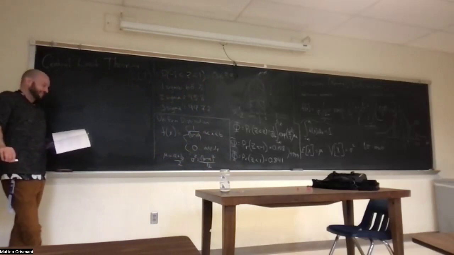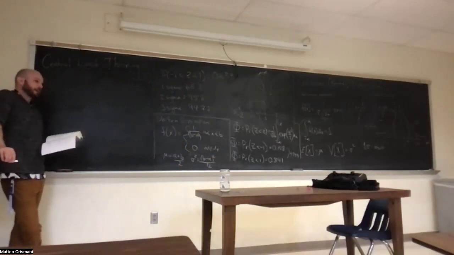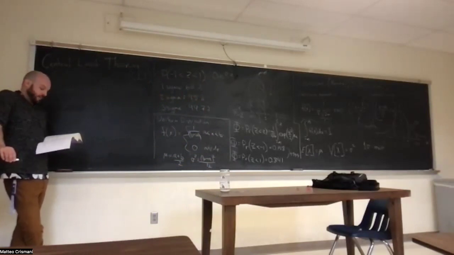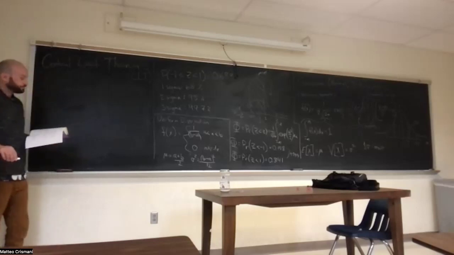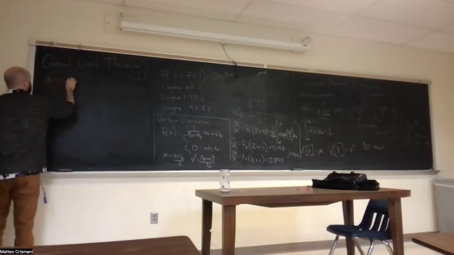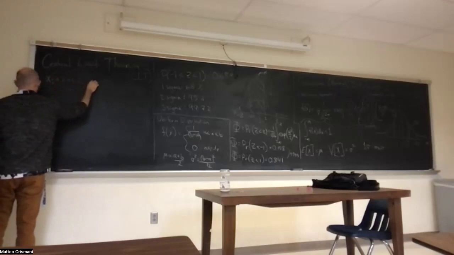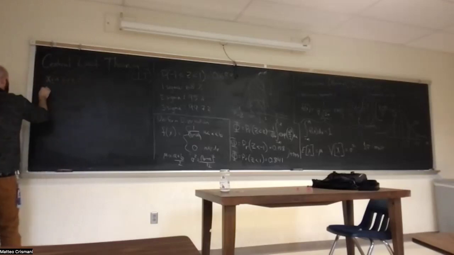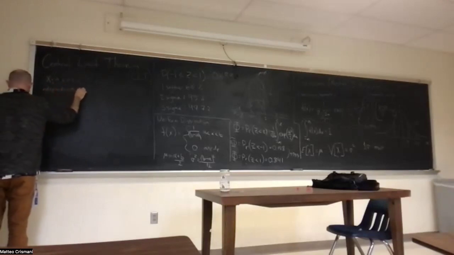Okay, so the central limit theorem is just a statement about how pervasive Gaussians are in all of probability theory. Essentially what it says is if you have xi, such that i equals 1, 2, all the way out to n, which are independent random variables.